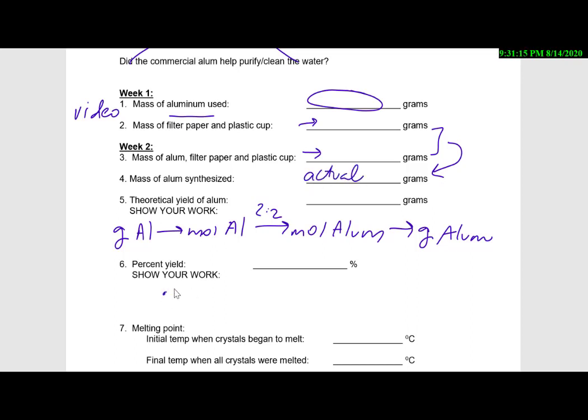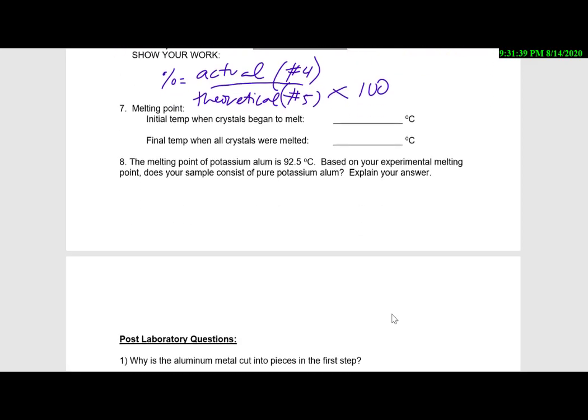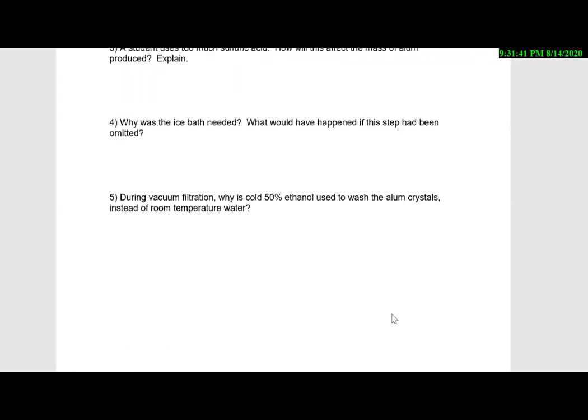So for percent yield, you'll put your actual, which is number 4, over your theoretical, which is number 5, times 100. And then you'll be given the melting points. And you'll answer the rest of the questions and the post-lab questions.